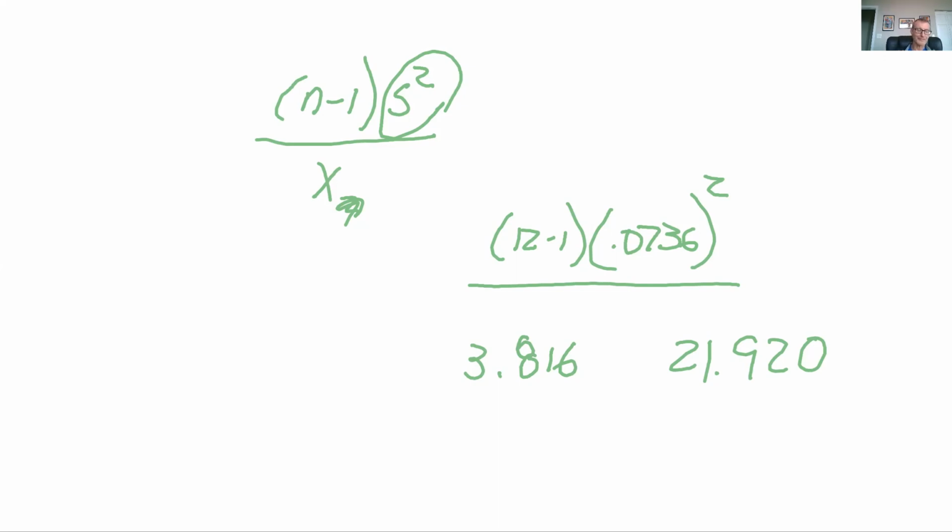So I'll just type in 11 there, right? And then what we want to do is we want to take this number and square it. So it'd be shift 6 squared. And then what do we want to do? We want to divide by the lower bound would be the high end of the chi-square number, which was 3.816.